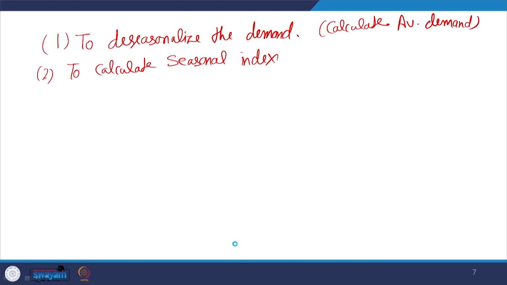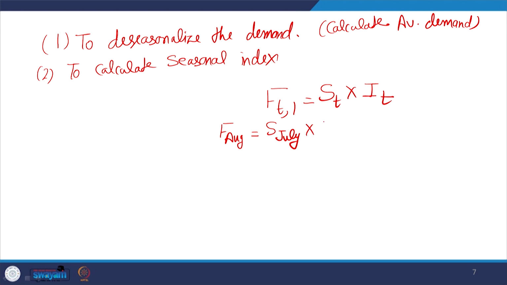And why am I doing this plus 1? Because T minus L, when you see this equation, it means F August is S July into I July, which is wrong.